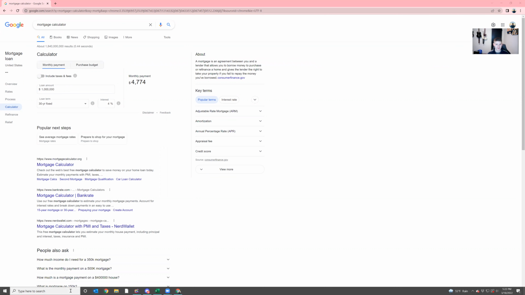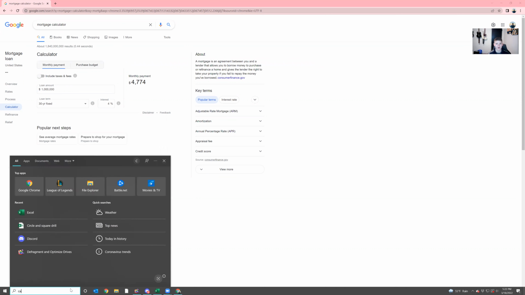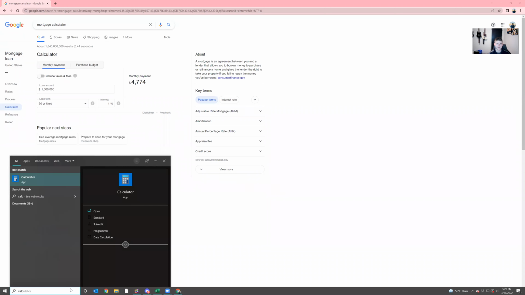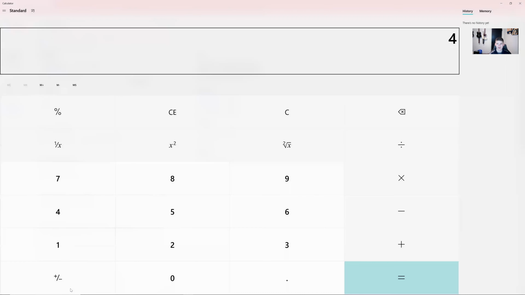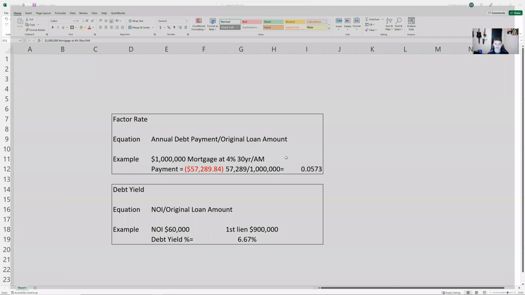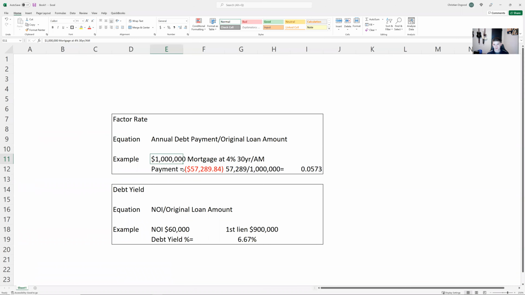Well, if we want to multiply that out, because we've got to remember, this is always on an annual basis, we're going to take $4,774 and multiply that by 12. And boom, we have $57,288. If we go back here, that was slightly rounded down, but we've got 57,289.